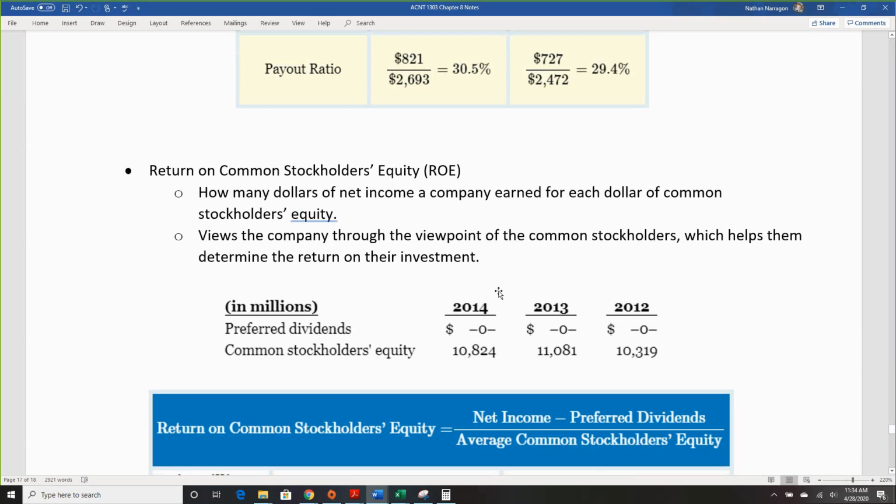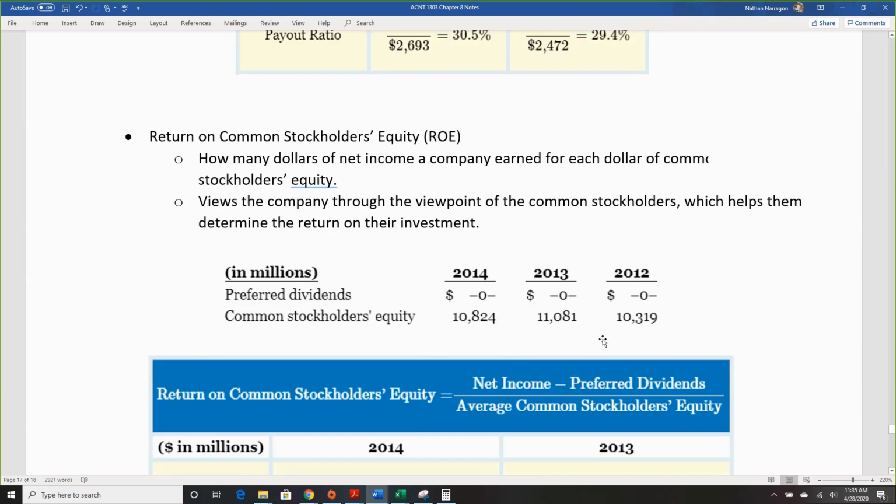So, how much money did we basically make off of the investors, the ones that purchased common stock? This also gives the company the viewpoint of its stockholders, because again, they want return on their investment. If it's a low return, you're not going to have investors. But if it's a high return, you can make money very quickly.